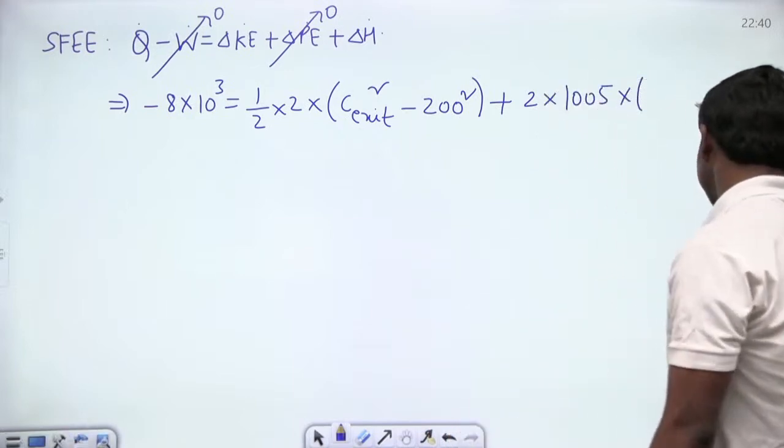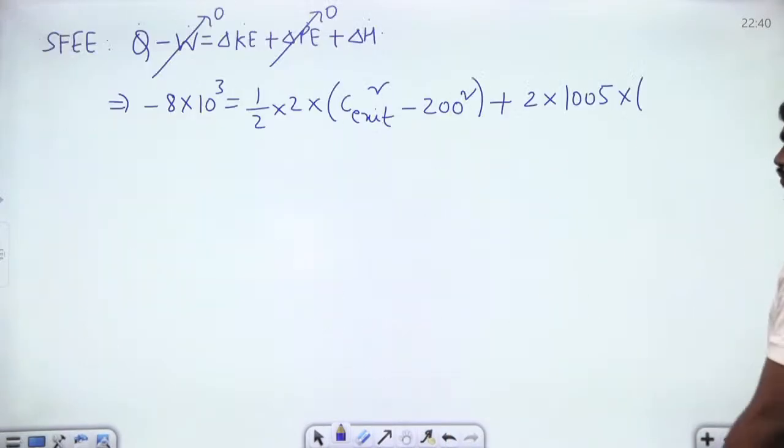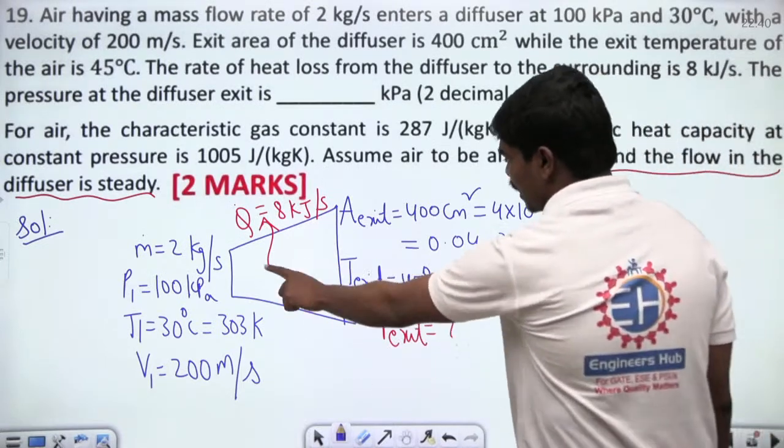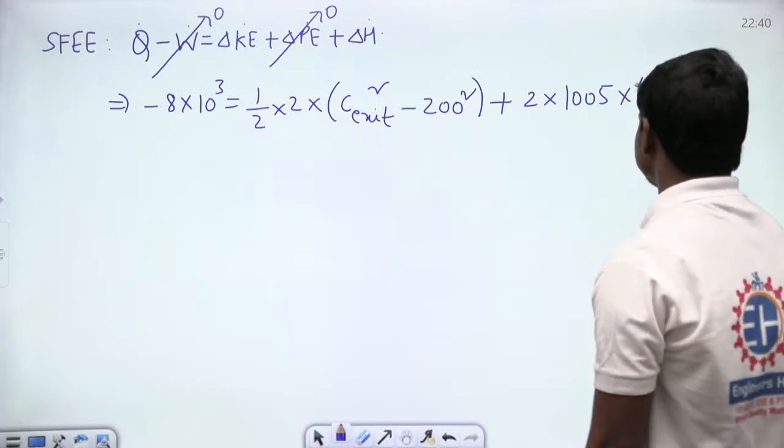What are the temperatures mentioned? This is 318 and that's 303. So basically it's 45 and 30, so 15 is the temperature difference.